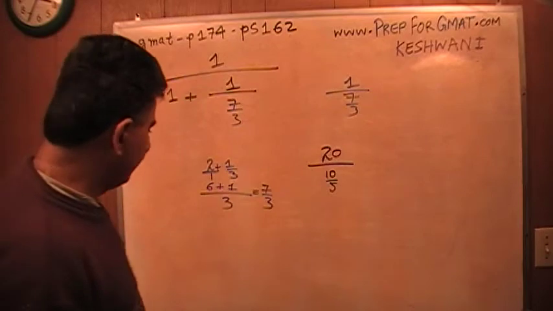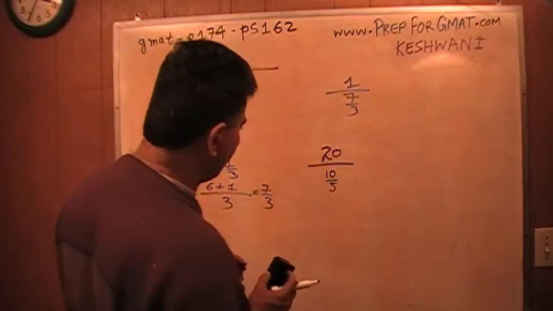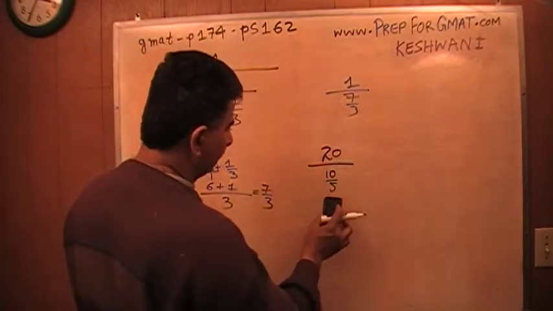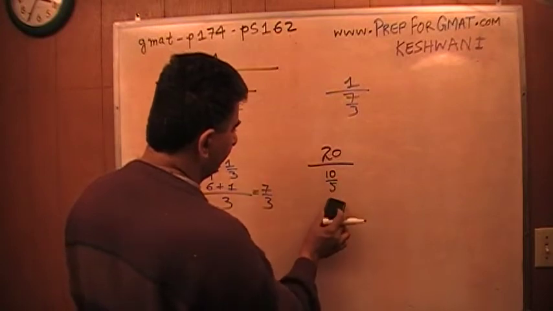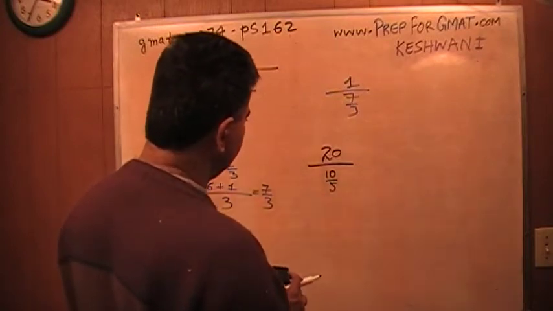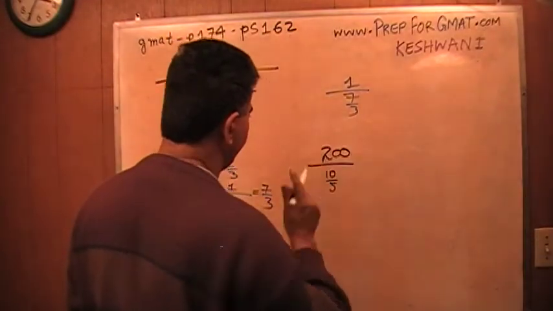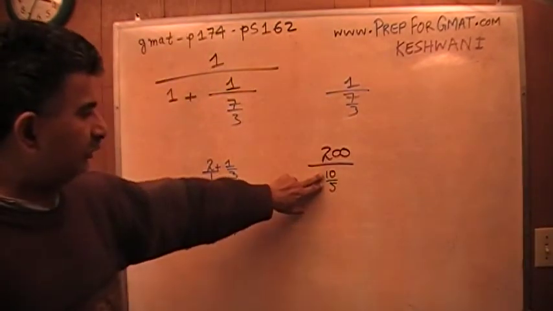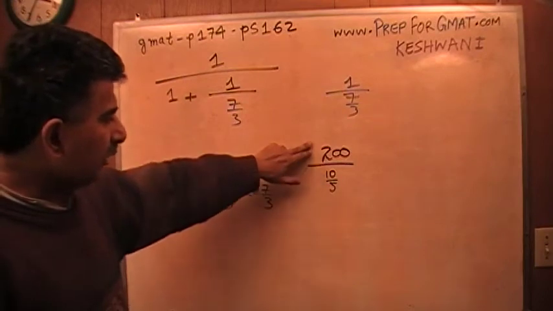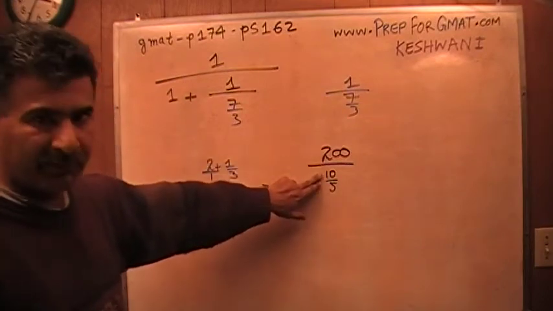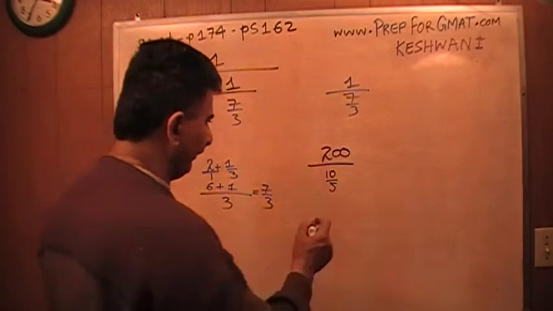Let's make it a little bit more interesting. Let's make it 200. So this bottom part is 2, and therefore 200 divided by 2 is 100. I know that.